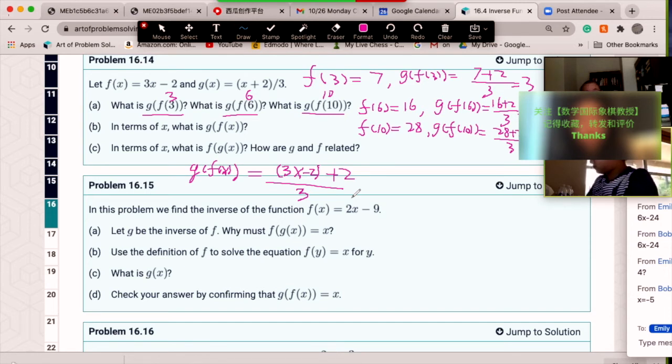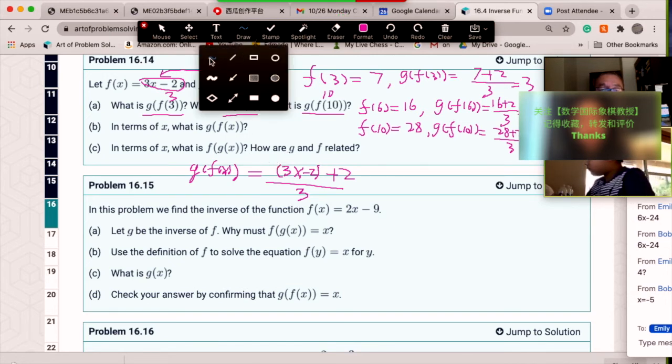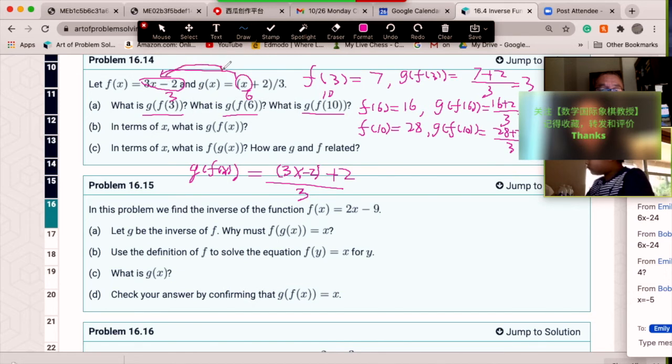Say, in the combination of g and f, use f(x) as the variable of g(x). The g(x) original variable is x. Now you need to use this one to replace this x. Actually, I need to draw the direction like this. Use this one to replace this.